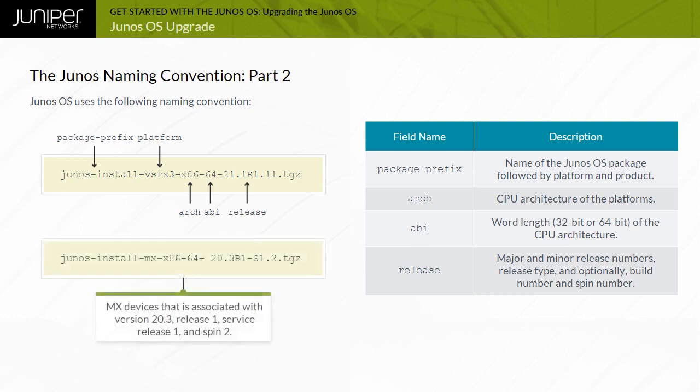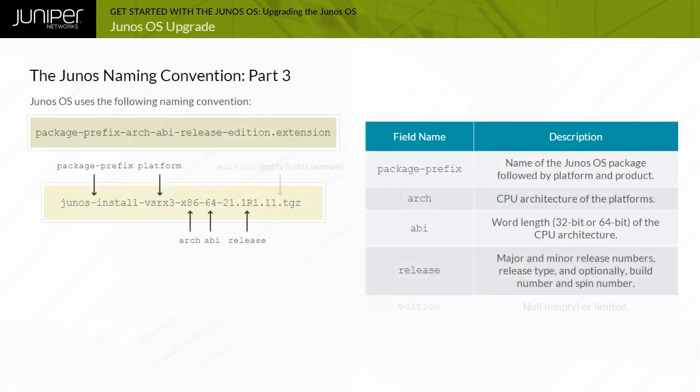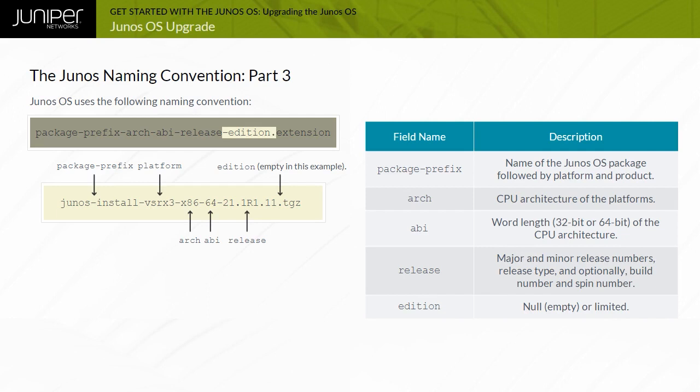And junos-install-mx-x86-64-20.3R1-S1.2.tgz indicates a Junos OS image for the MX devices that is associated with version 20.3 release 1, service release 1, and spin 2. The edition field is null, empty, for standard domestic images.